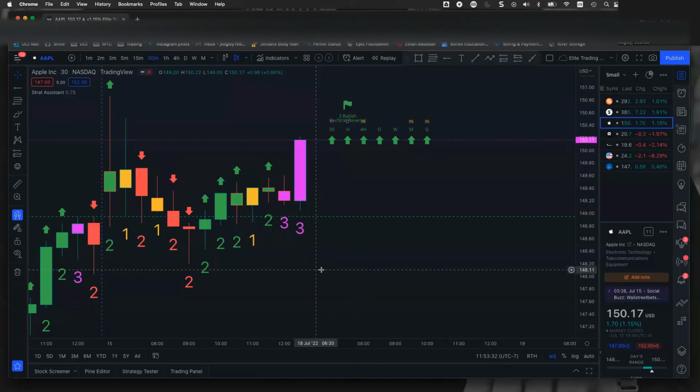What you see over here are these letters and numbers: 30-minute, hour, 4-hour, daily, weekly, monthly, quarter. I have those up here as well. These are just showing you where price is for that particular time frame.